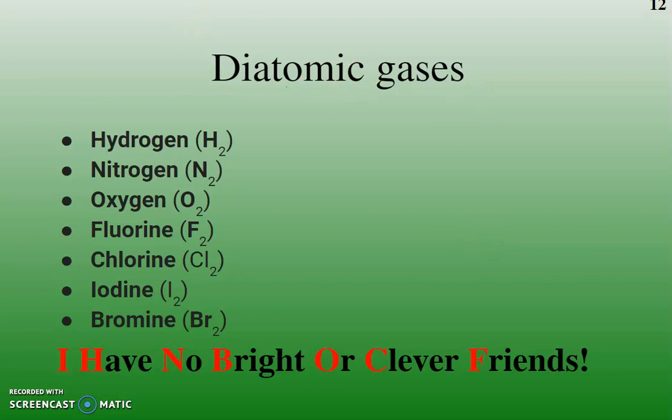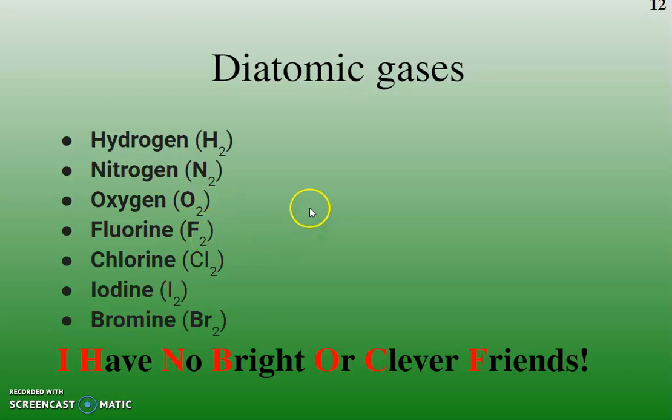My last little piece is I wanted to bring up these diatomic gases. This is something you're going to have to memorize because it is going to come up more and more as we do some of these problems in the next few units. These following 7 gases always occur as 2. So H2, N2, O2, F2.